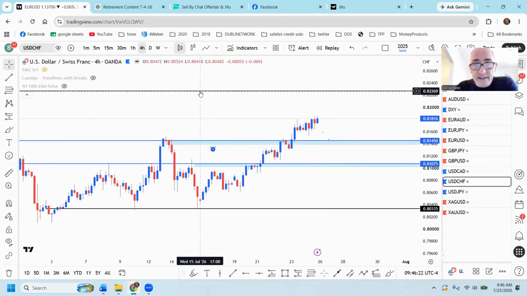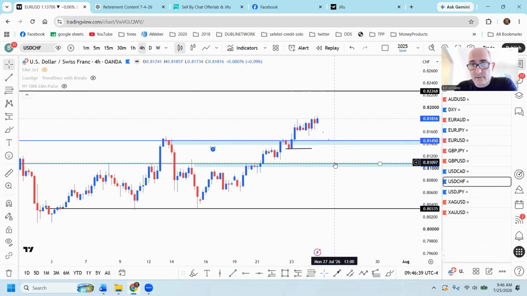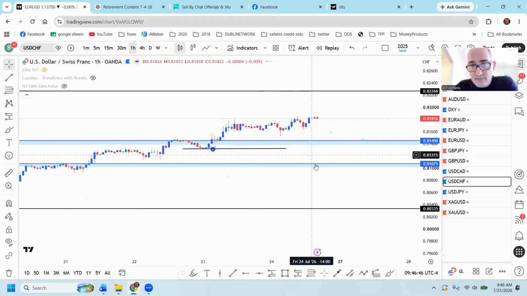And so if we're looking to see where we might turn bearish, that would be if we would get a break of structure right below this area right here. And again, that break of structure has to be an open and close of a 4-hour candle. So if that would happen, then that would change our outlook to bearish on USD CHF.